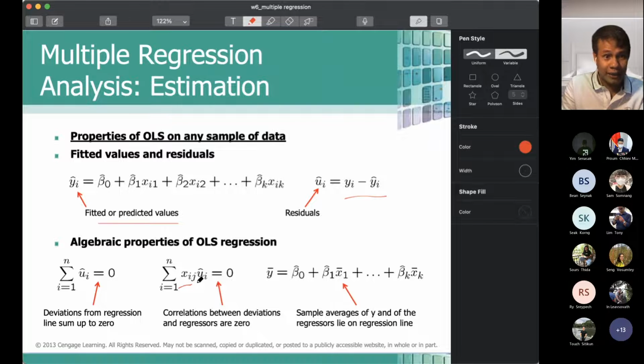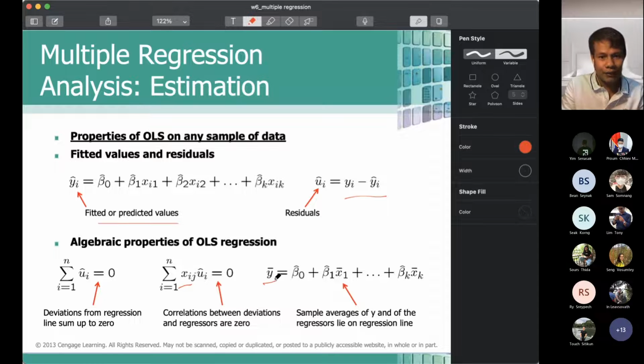Because in multiple linear regression, we have multiple x, so we write xij, meaning that more than 1 x. So make sure that the residual is not correlated with x. So the summation of the relationship between x and u should also be 0. All right.